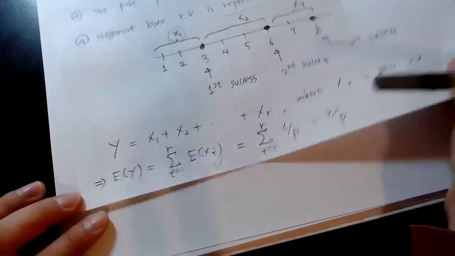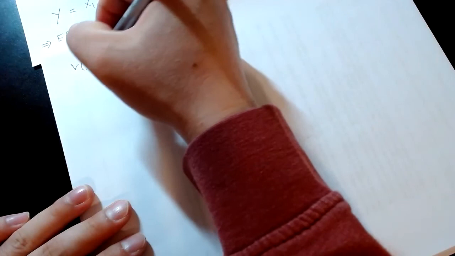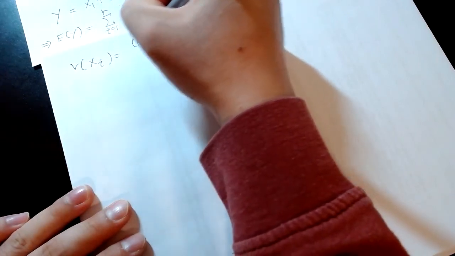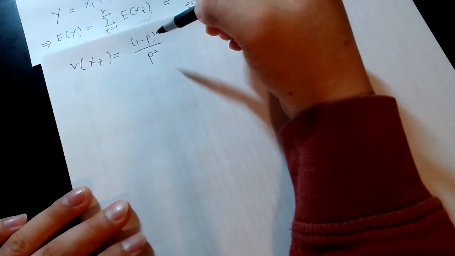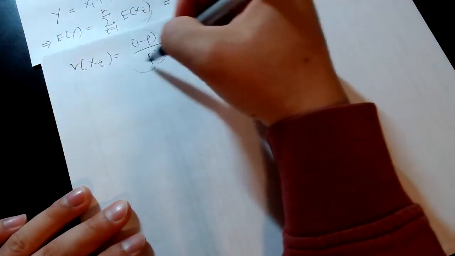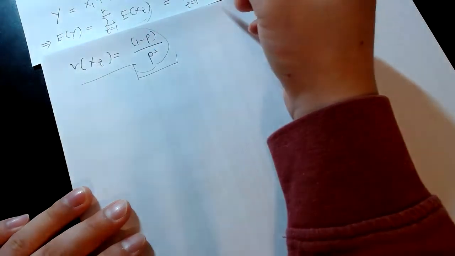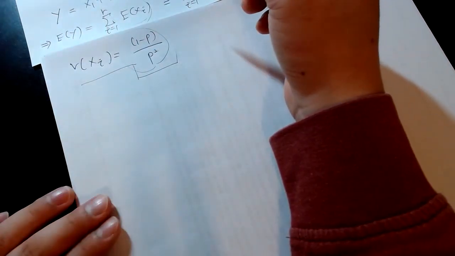The next one, what about the variance? The variance of Xi is going to be (1 minus p) over p squared. That's the variance of the geometric random variable Xi.